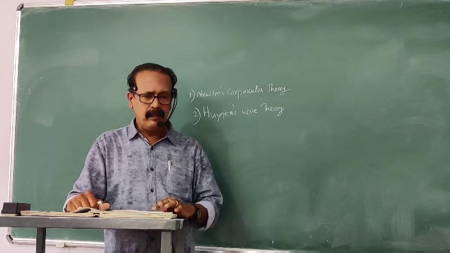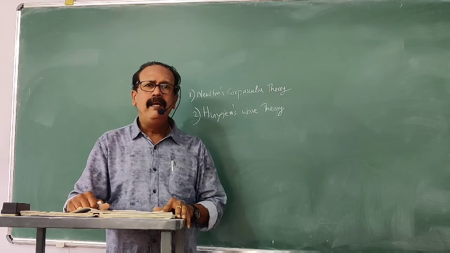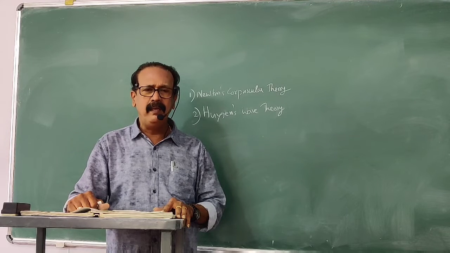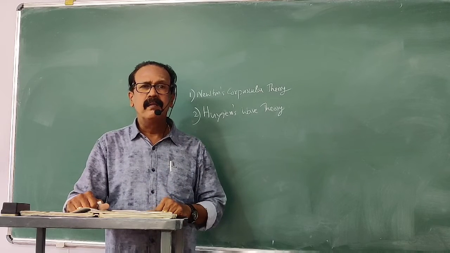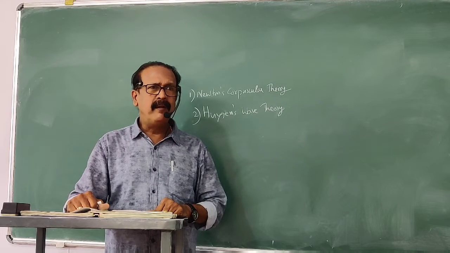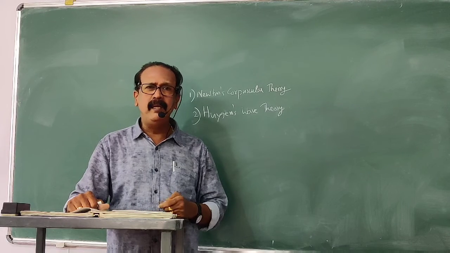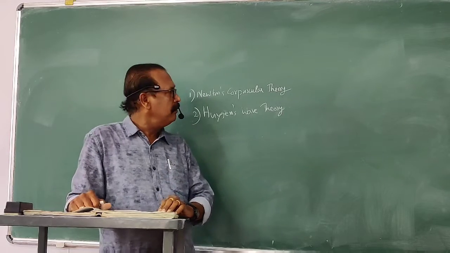This theory is accepted. Those properties of light which can be easily explained on the basis of corpuscular theory are included in a chapter called ray optics. Those properties which can be explained easily on the basis of the wave theory are included in the chapter wave optics.